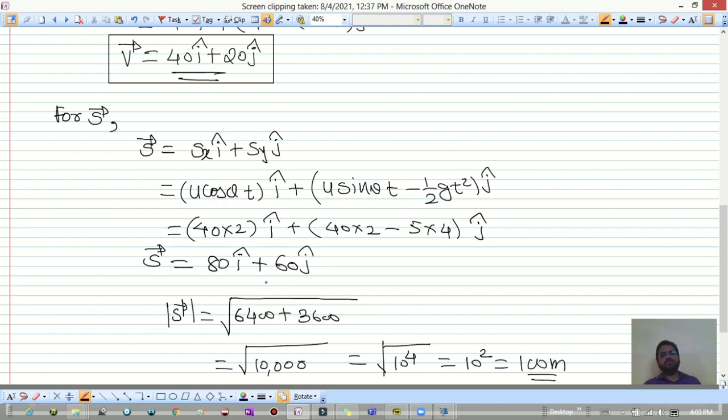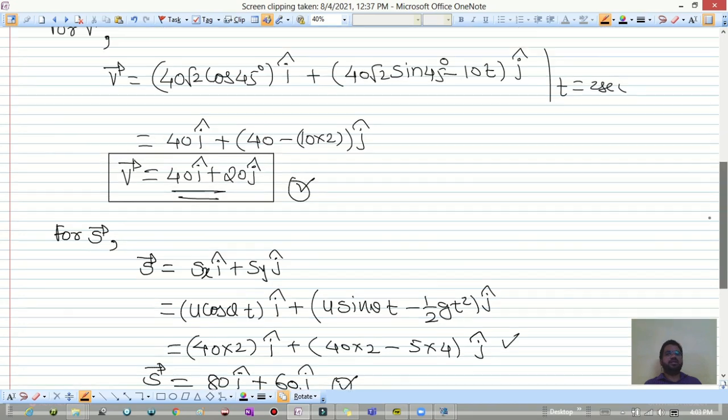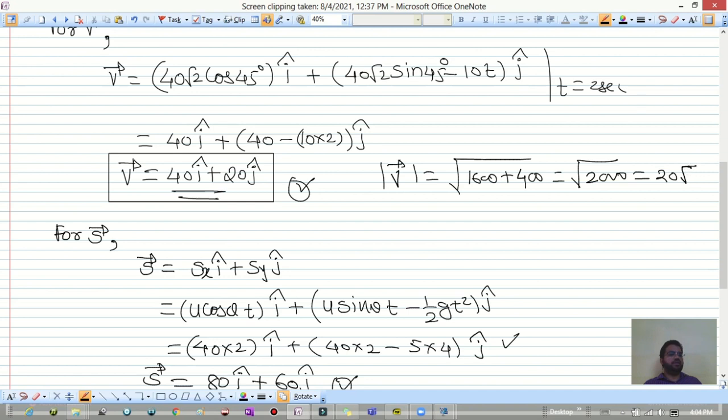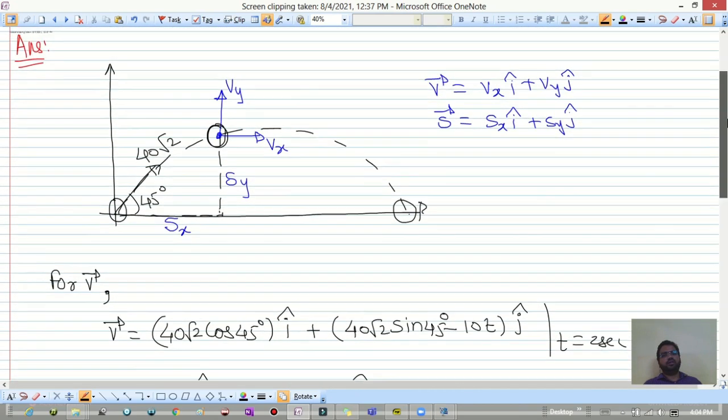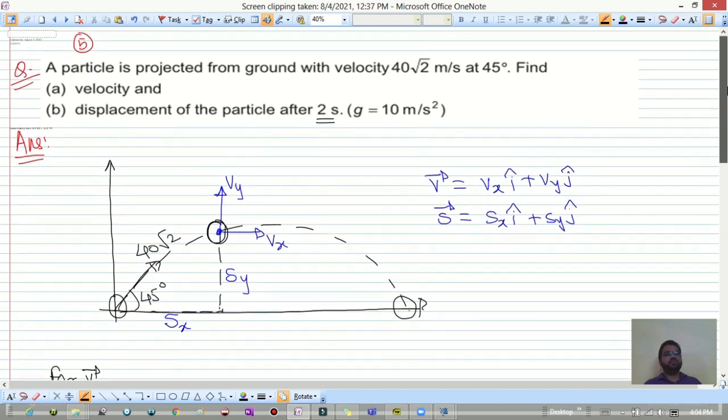So this is the displacement we have, and this is the velocity vector we have. If you want the magnitude of the velocity vector, we can calculate that also: 1600 plus 400, which is root of 2000, and that is 10 root 20, that is 20 root 5 meter per second. So I hope this is clear. So this is the fifth question solution we have.